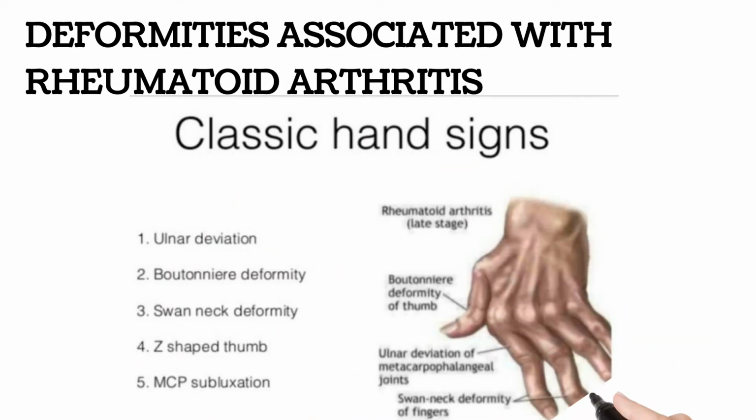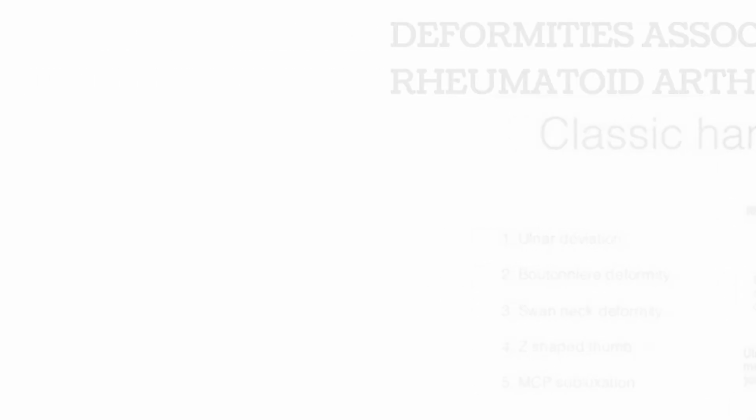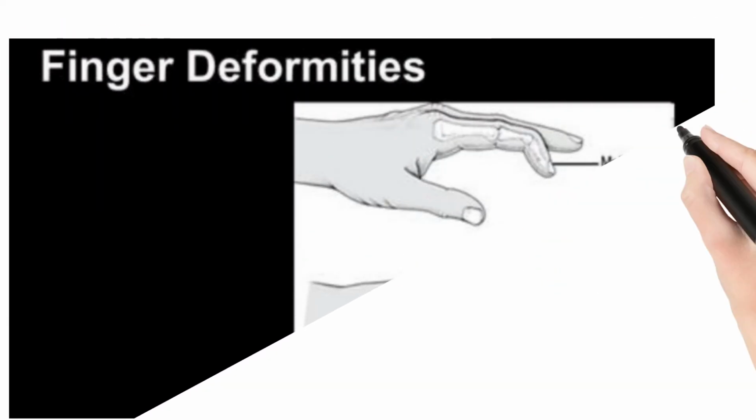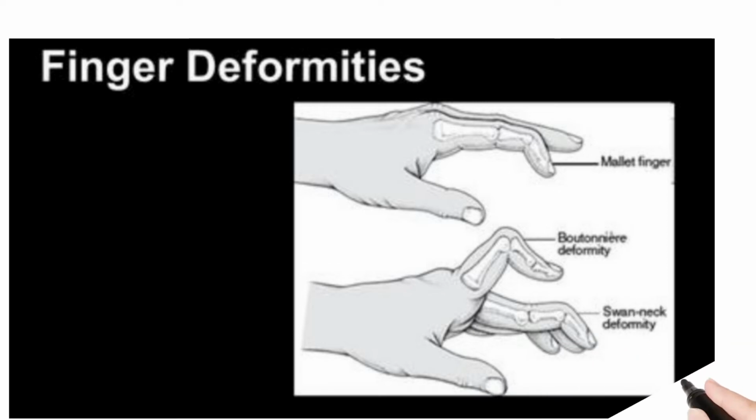Now coming to the classic hand signs seen in rheumatoid arthritis. Ulnar deviation is seen, boutonniere deformity is seen, swan neck deformity is seen, Z-shaped thumb is seen, and metacarpophalangeal subluxation is seen. In swan neck deformity, there is extension of the proximal interphalangeal joint and flexion of the distal interphalangeal joint.